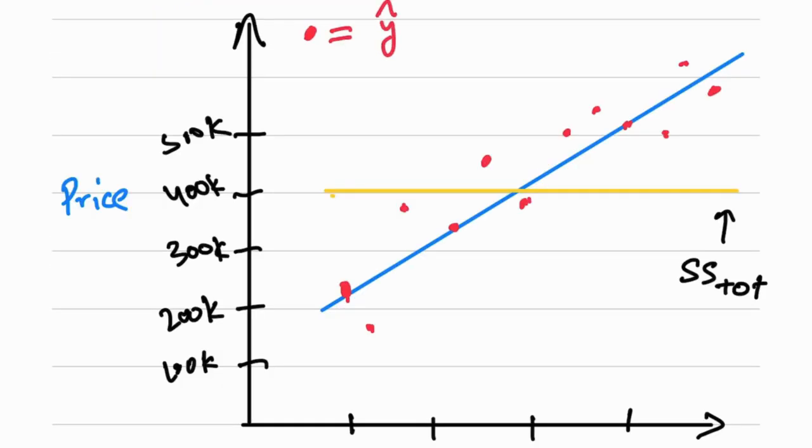Next, let's try to understand the residual sum of squares. The y hat represents the predicted prices and y represents the actual prices. So in this graph, the red dots represent the true values y, and the green dots on the blue line represent the predicted values, which is y hat.